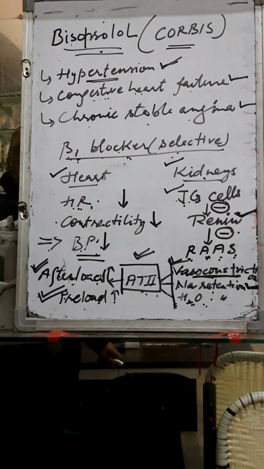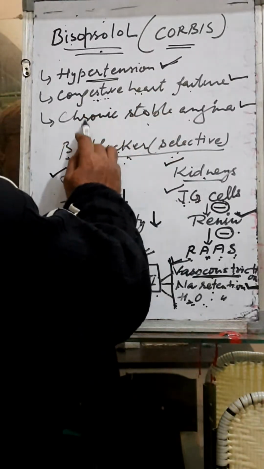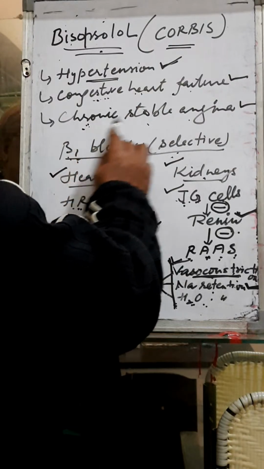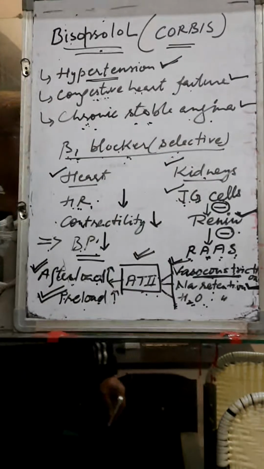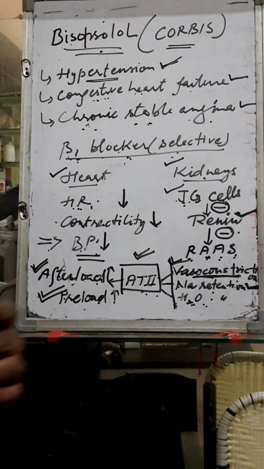It again reduces the stress on the heart. And this way, the condition of congestive heart failure and similarly chronic stable angina, both get the benefit from bisoprolol. So this was a brief description.